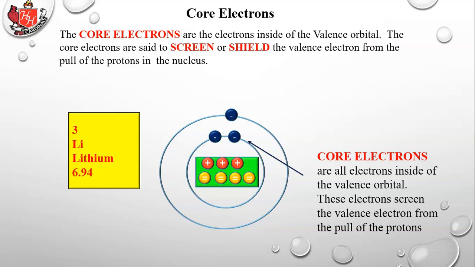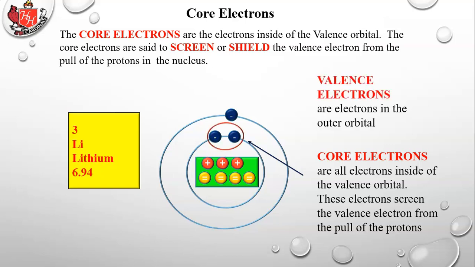They're like clouds on a cloudy day that keep you from seeing the sun. They're blocking the ability of that valence electron to feel the pull of those 3 protons. Therefore, the valence electron is not going to feel pulled as tightly as it would if those 2 core electrons were not there. Valence electrons are electrons in the outer orbital, so that one right there.